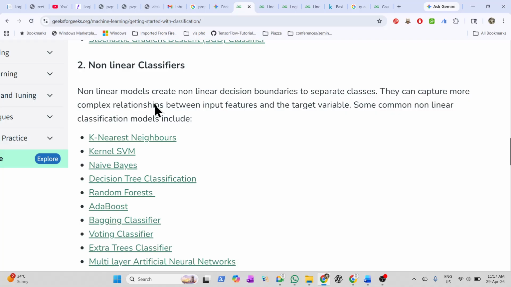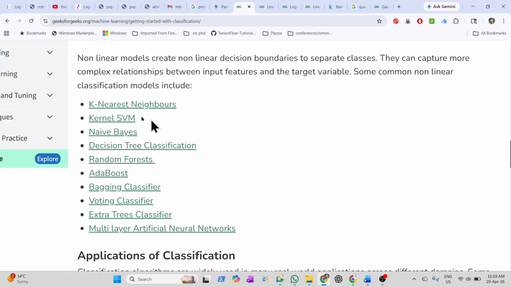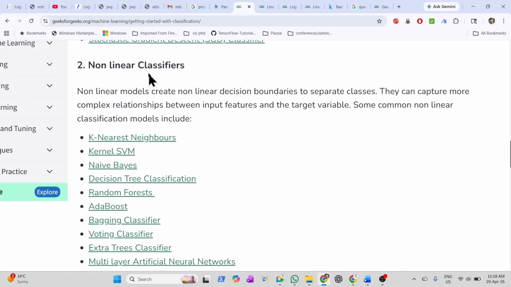Non-linear classifiers create a non-linear decision boundary to separate the classes, and they capture more complex relationships between input features and target variable. Some common non-linear classification models include k nearest neighbors, kernel SVM. Kernel SVM is a non-linear classifier.